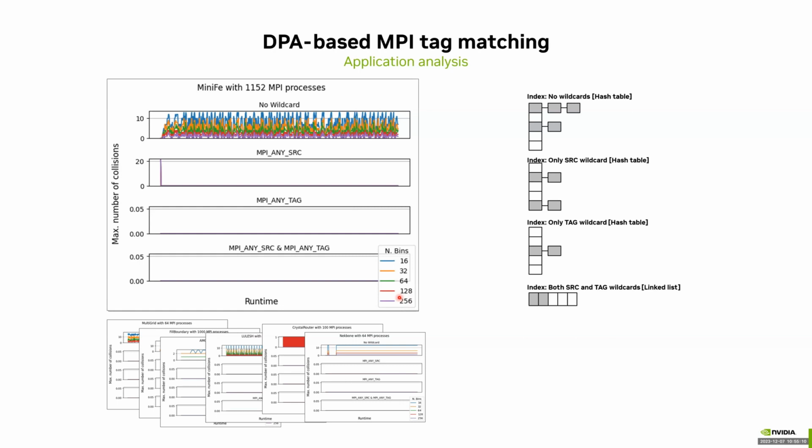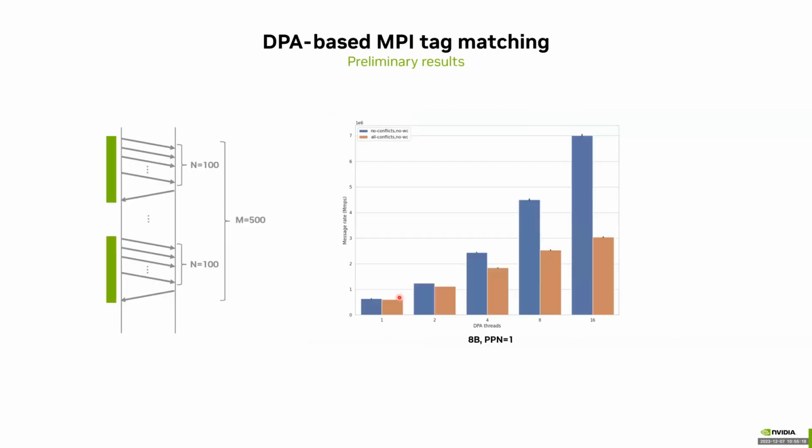So we are also thinking about optimizations for that specific case, and I will quickly describe one we are thinking of. But first, just to show you some performance numbers, this is the classical OSU bandwidth benchmark. Sender, receiver, we send a bunch of pings, small messages, and get a pong back.